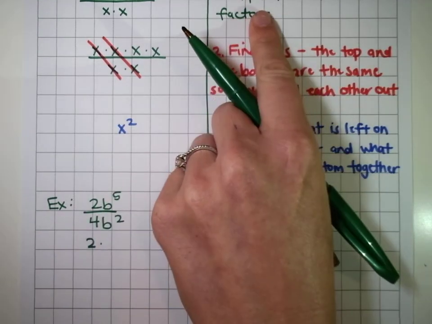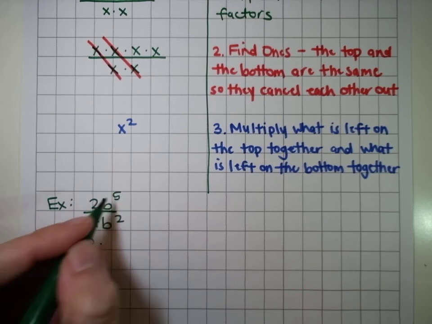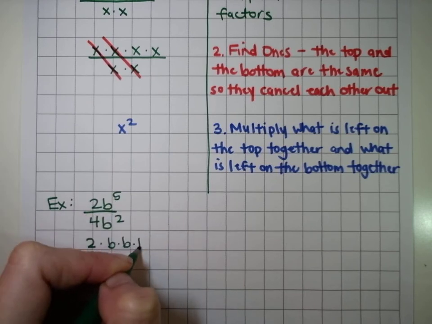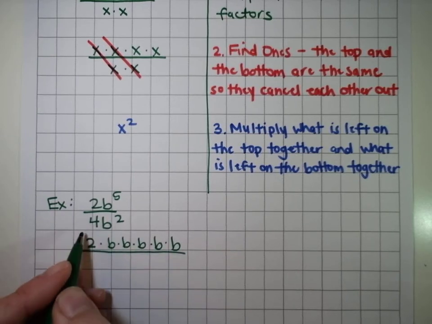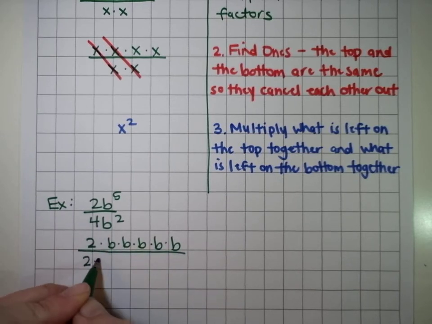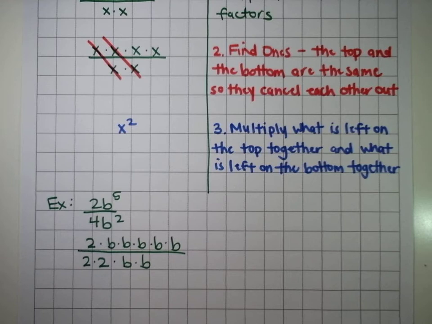So we're on step 1, which means we're going to list all the factors. So b to the fifth is 1, 2, 3, 4, 5 b's multiplied together, divided by 4b squared. So 4 expands to 2 times 2, and b squared expands to b times b. So again, really important to expand completely, because if you don't expand, you might not find the ones.